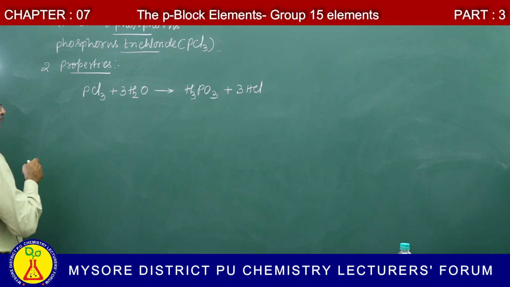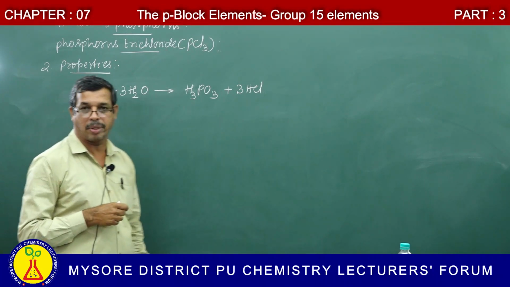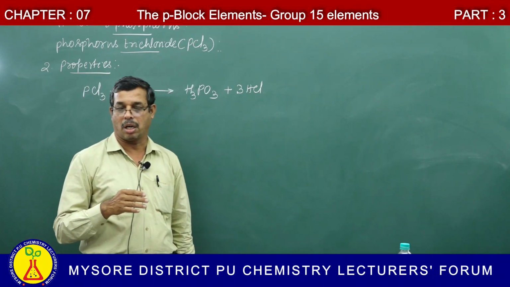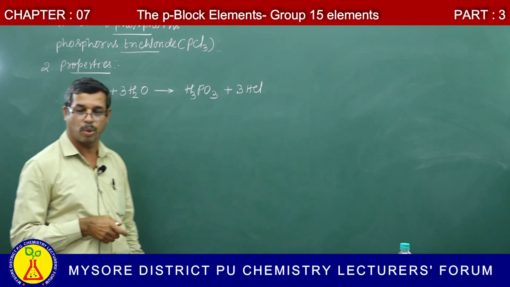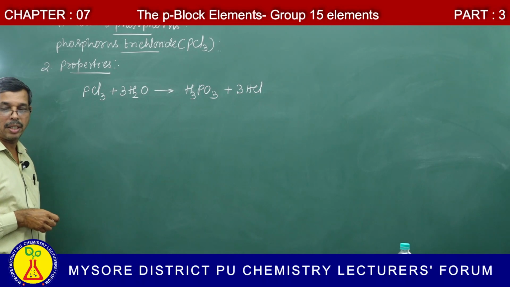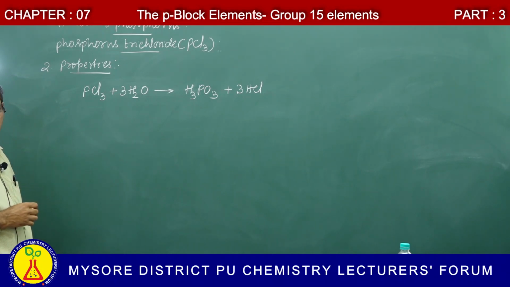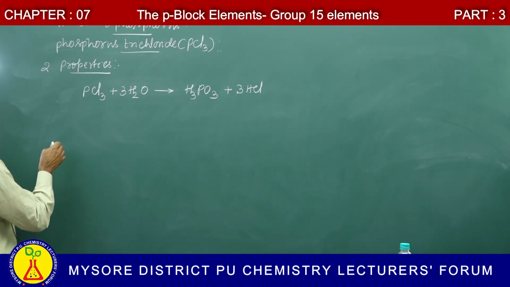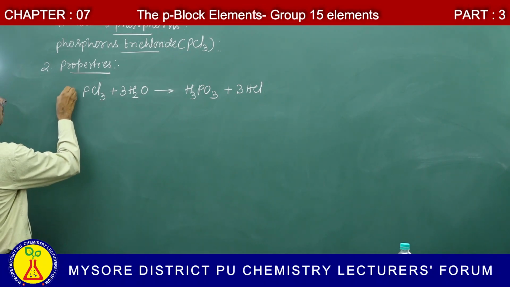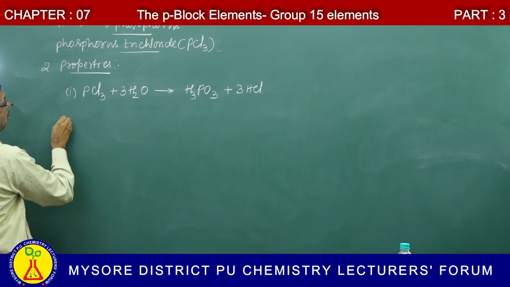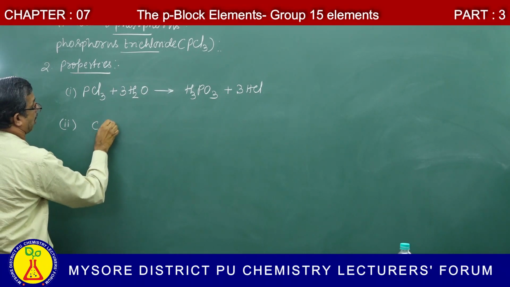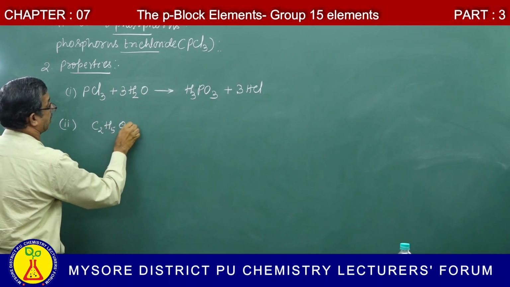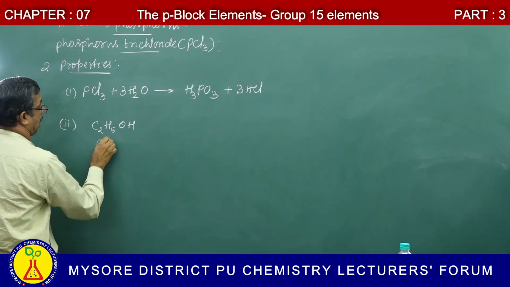Now, it reacts with organic compounds containing OH group like acetic acid and ethyl alcohol. Look here, C2H5OH, this is ethyl alcohol.